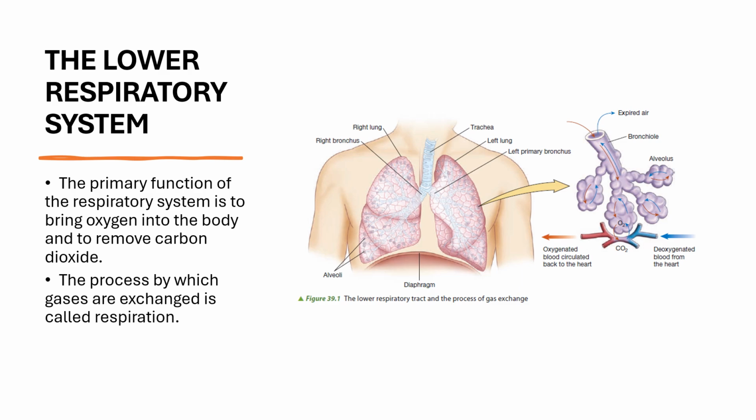As oxygen crosses this membrane, it is exchanged for carbon dioxide, a cellular waste product that travels from the blood to the air. The lung is richly supplied with blood, and blood flow through the lungs is called perfusion.